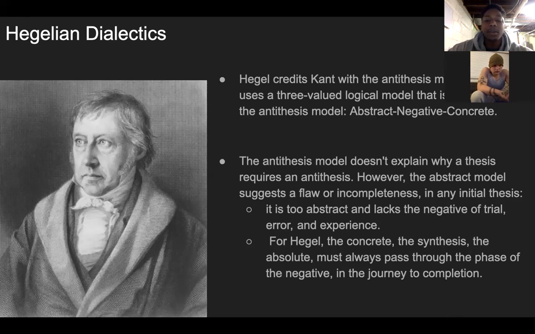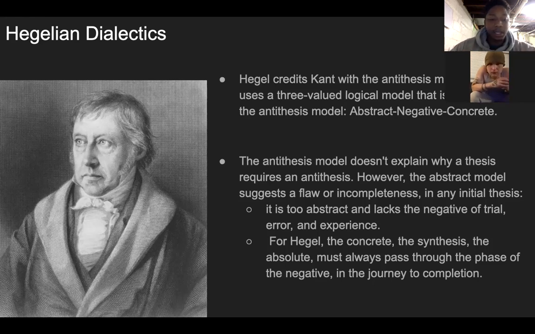However, in the abstract model, the actual Hegelian version of the dialectic, the abstract suggests a flaw or incompleteness in any initial thesis. Any initial thesis is too abstract and lacks the negative of trial and error and experience. And for Hegel, the concrete, the synthesis, the absolute must always pass through the phase of the negative in a journey to completion.